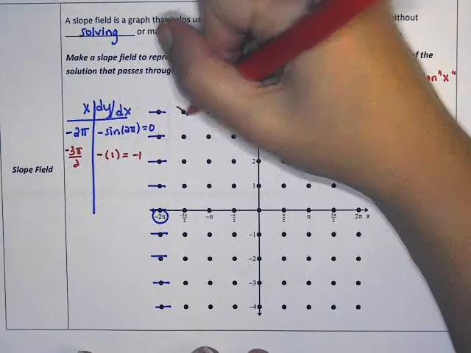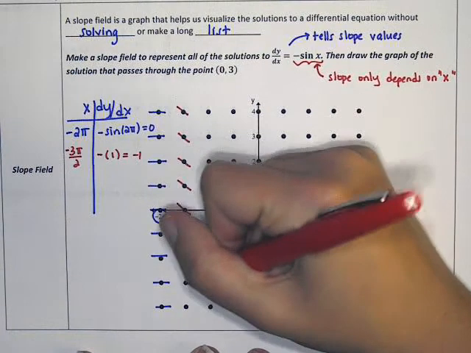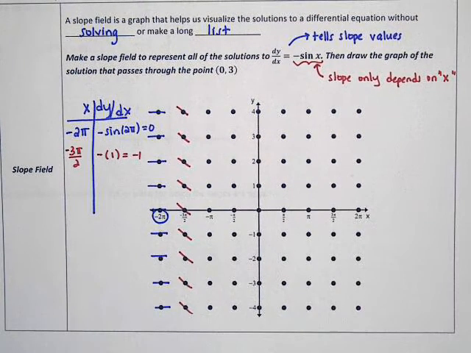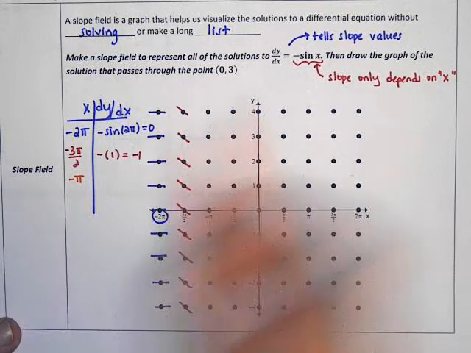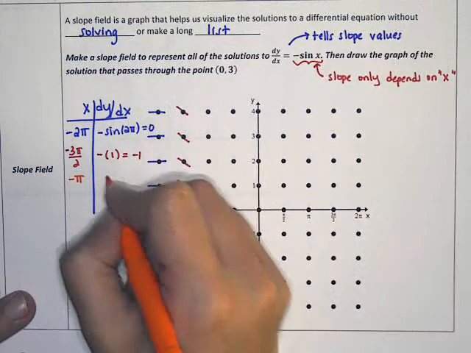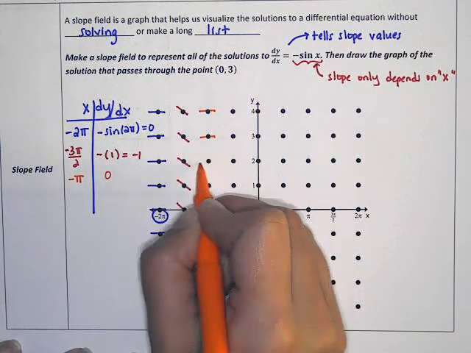It doesn't matter how exact your little slope lines are, as long as it's going downhill, it'll still help you get that picture. Next, we're going to look at what happens at negative pi. If I substitute negative pi in here, sine of negative pi would be 0. So that's going to give me a flat little piece of slope.